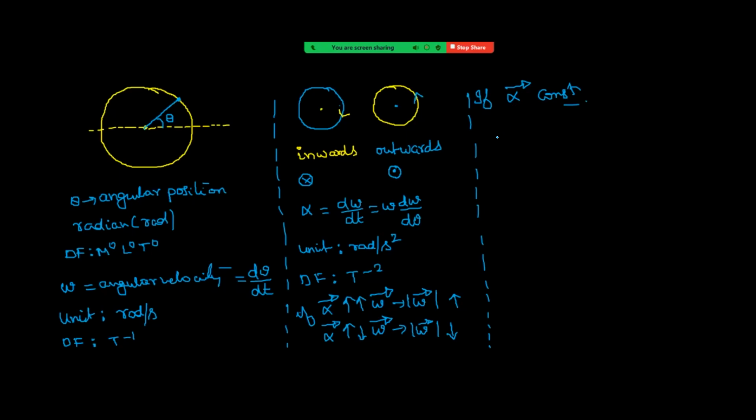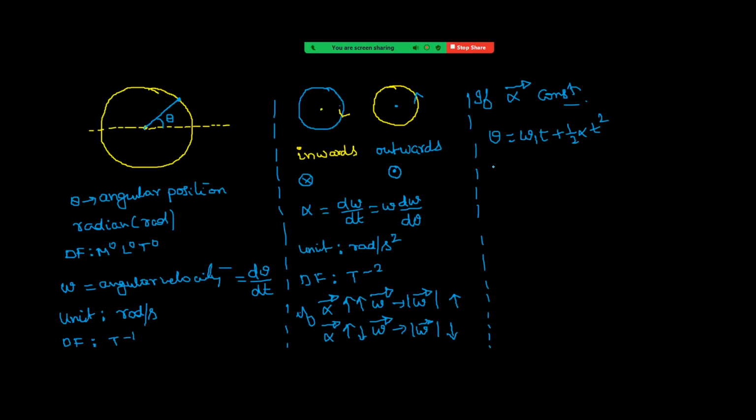Then we can write, just like kinematics 1D where we wrote s equal to ut plus half at square, here also theta equal to omega 1 t plus half alpha t square.